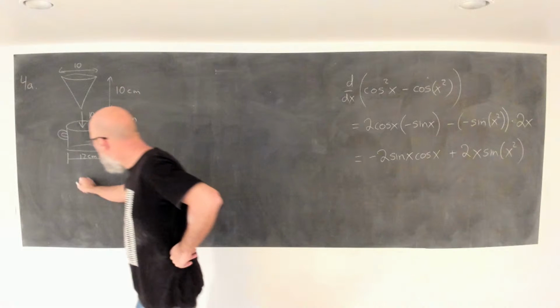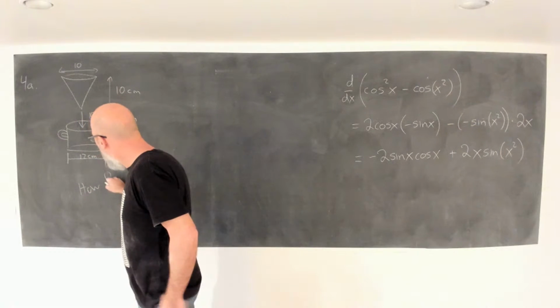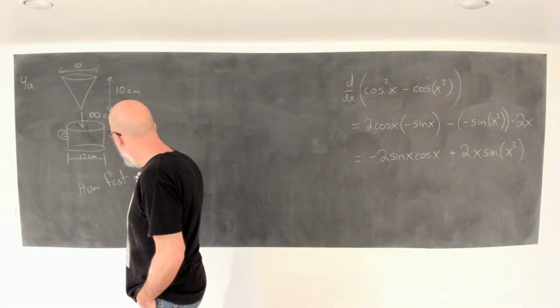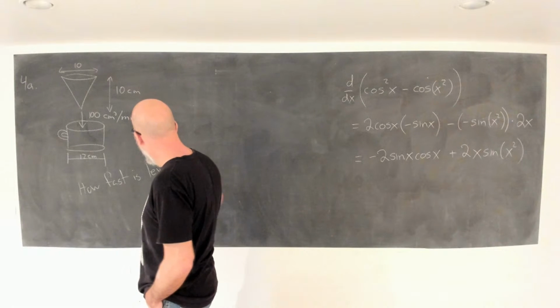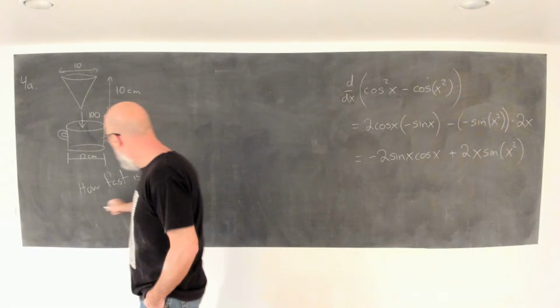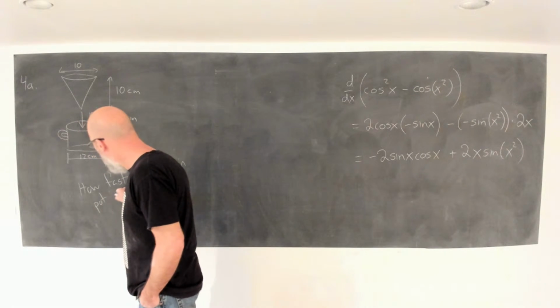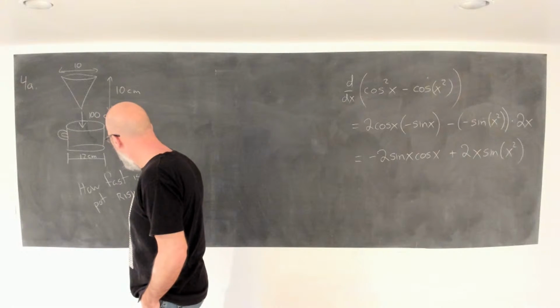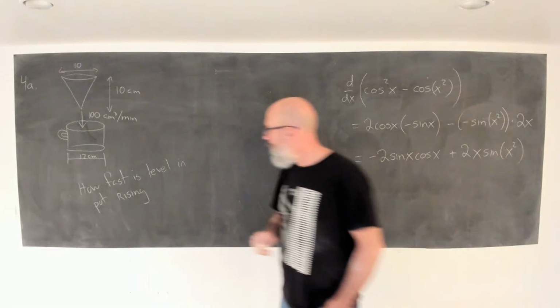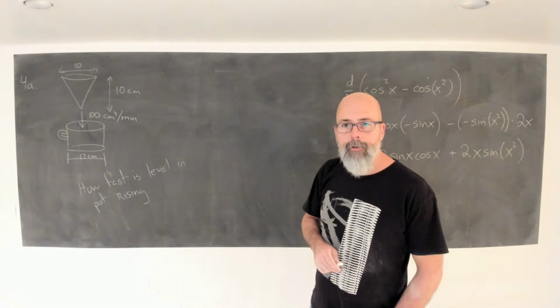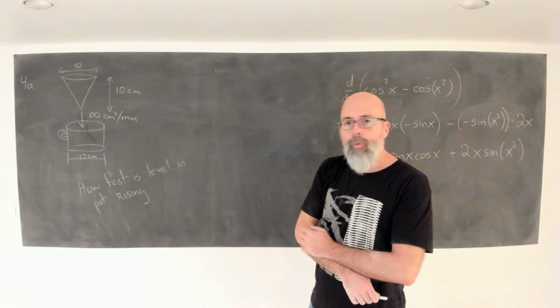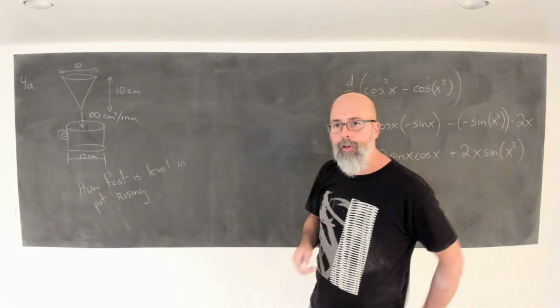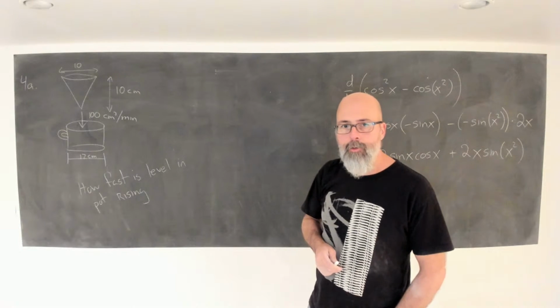So how fast is the level in the pot rising when the coffee in the filter is 3 centimeters deep?